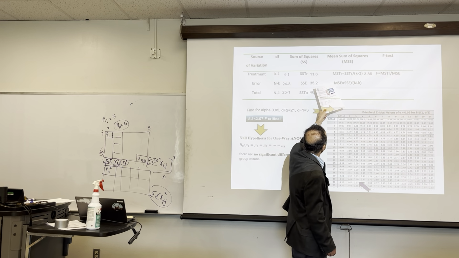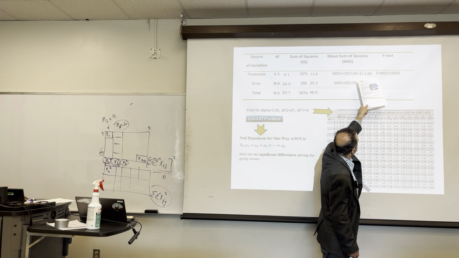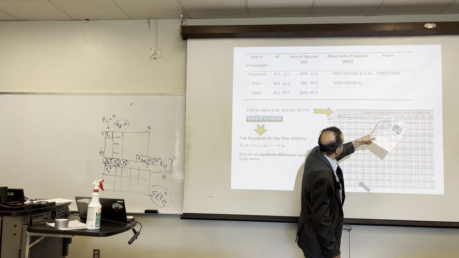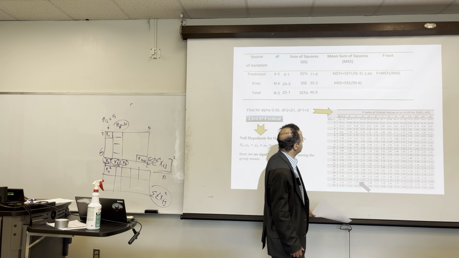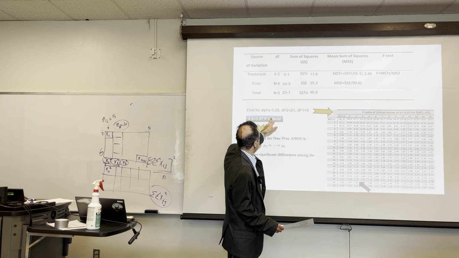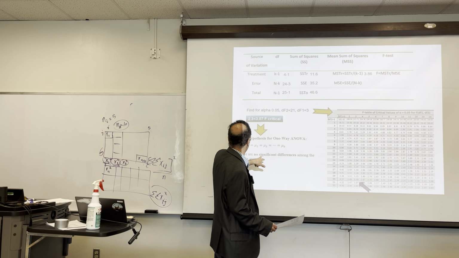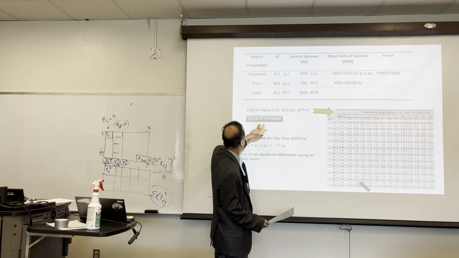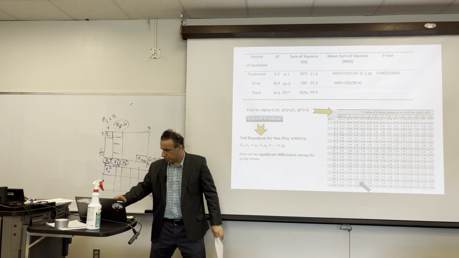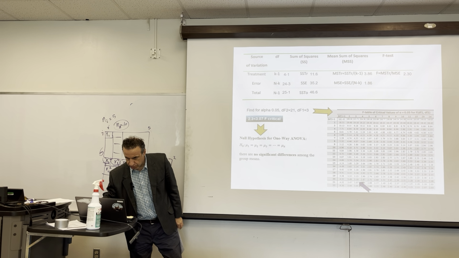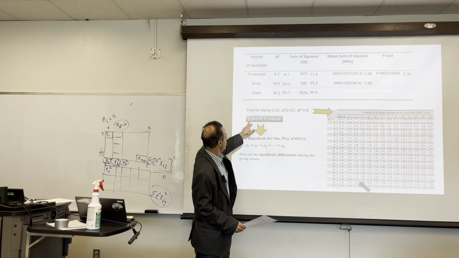Then once you have the mean sum, you can compute the F statistic, which is dividing this number by this. So that is going to be, let's say you don't have it here. Oh, okay. 3.5, 3.4. Let's see. Okay, 2.3.